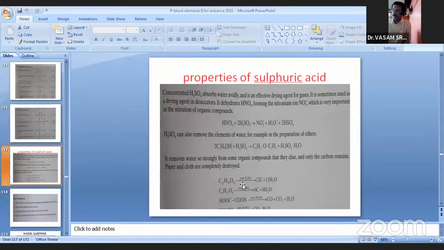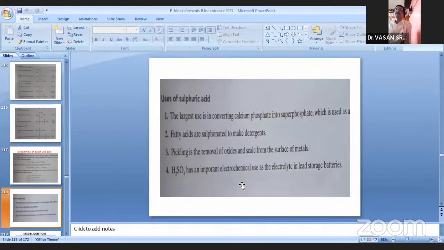Okay, so these all come under the dehydration properties of sulfuric acid. Now the uses of sulfuric acid. Its largest use is in converting calcium phosphate into superphosphate of lime. We use it in fertilizers.